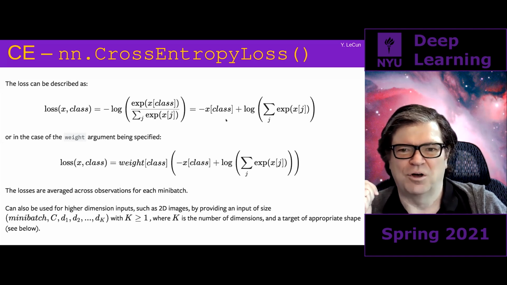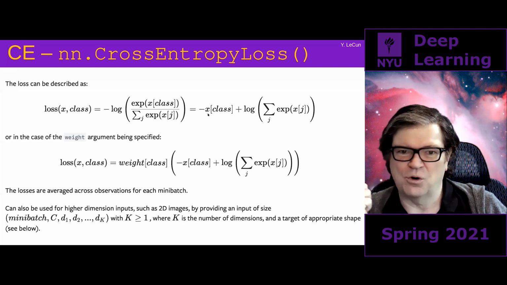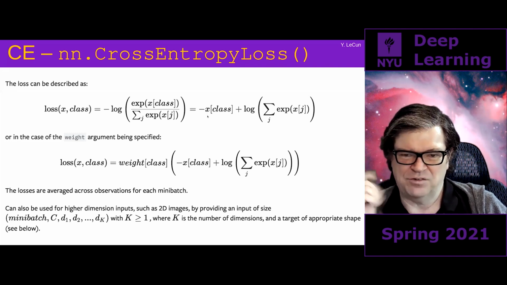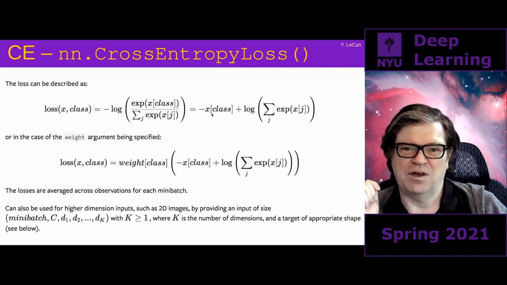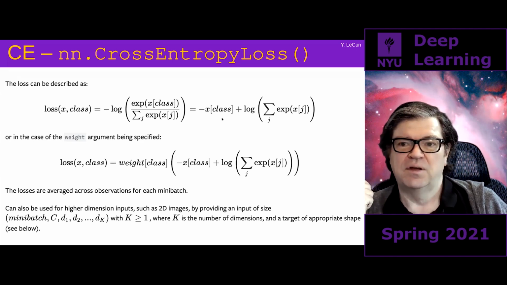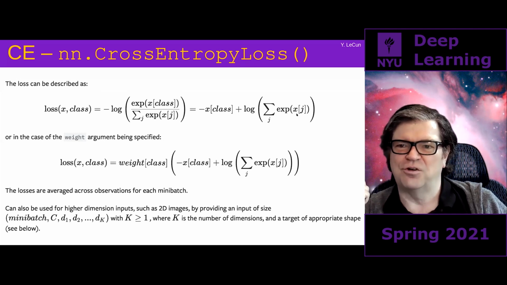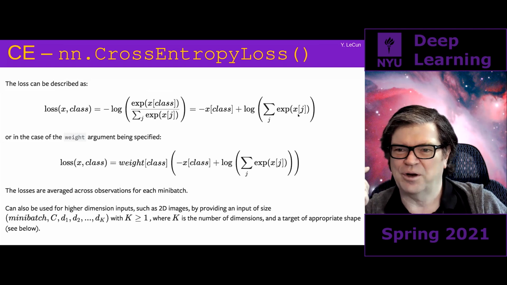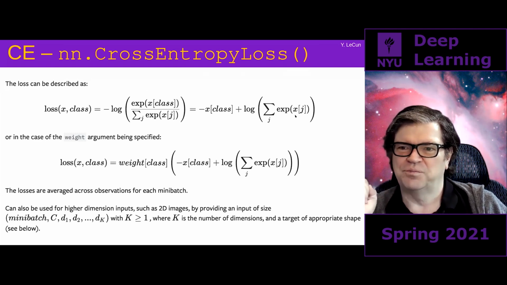So the overall objective function says: make the score before the softmax of the correct class as large as possible, because you have this minus sign. And then make the log of the sum of the exponentials of all the scores, including the correct one but with all the incorrect ones, as small as possible, which means make those scores as negative as possible.